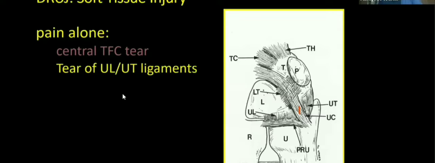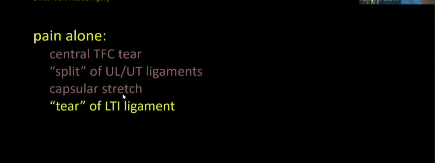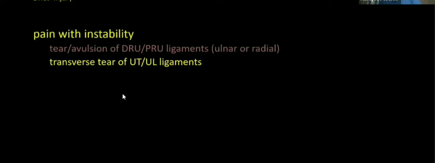It could be because of a split tear of the ulnolunate or the ulnotriquetral ligaments, a capsular stretch, a tear of the lunotriquetral ligament, or synovitis. These are the most common differential diagnoses for a patient who presents with pain alone. Again, I repeat, there is pain alone and no instability or arthrosis of the DRUJ, and then the most common differential diagnosis would be as listed in this particular slide.